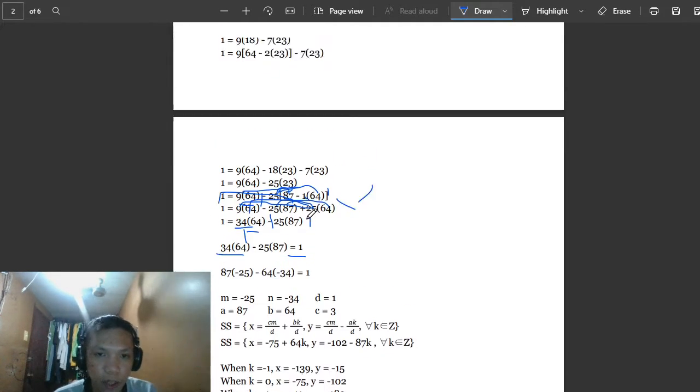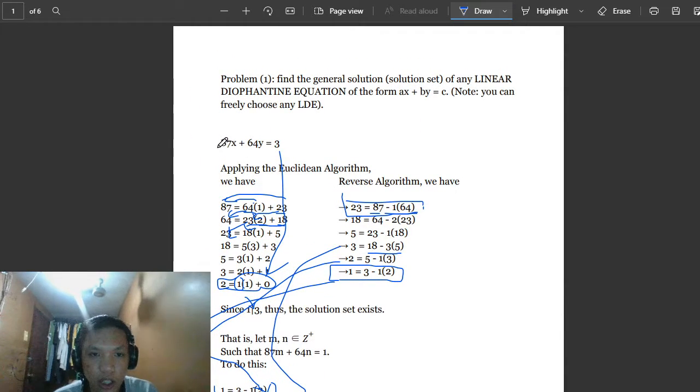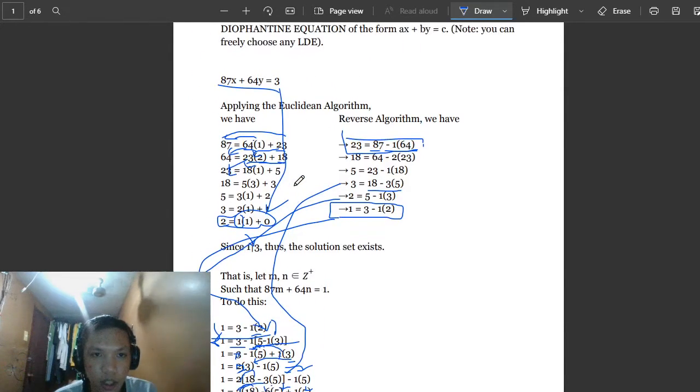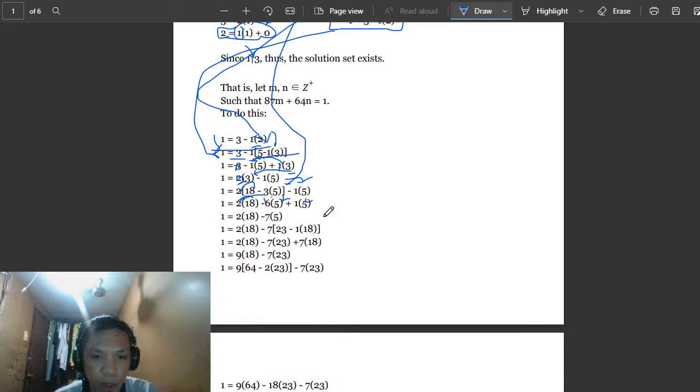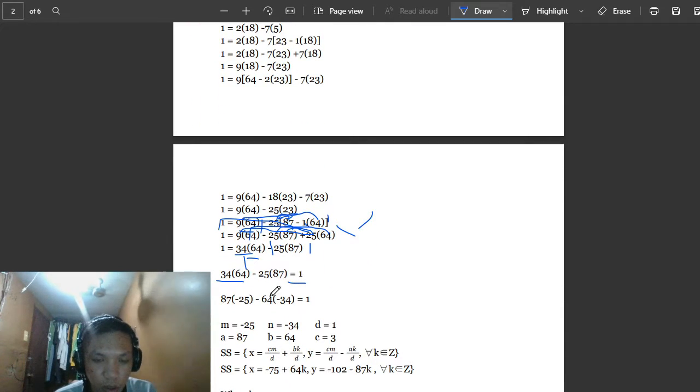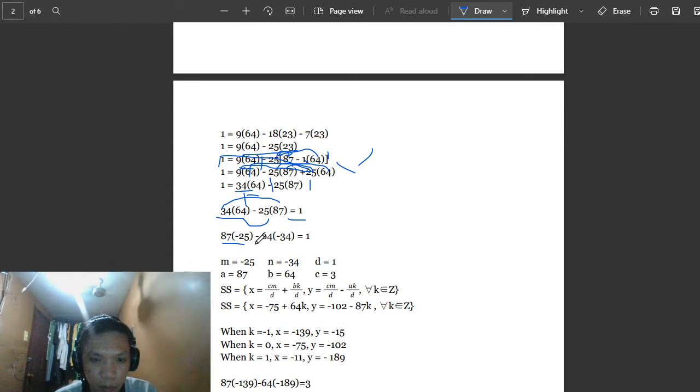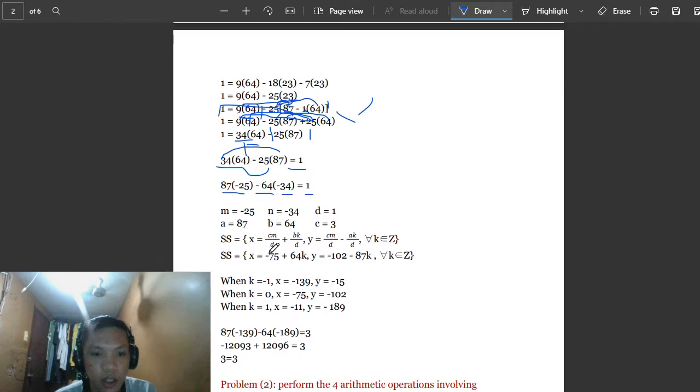Since we are following the original equation, which is 87x plus 64y equals 3, we transfer the 3. So 87 times negative 35 minus 64 times negative 34 equals 1.